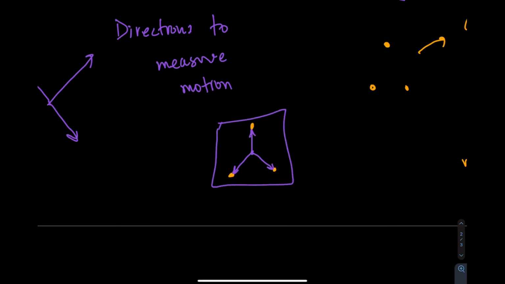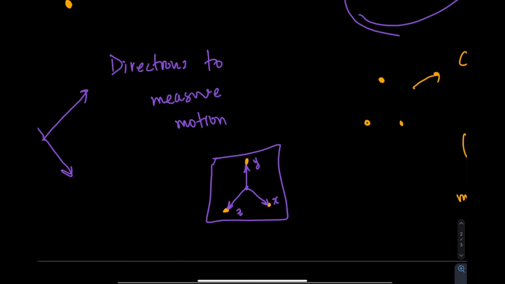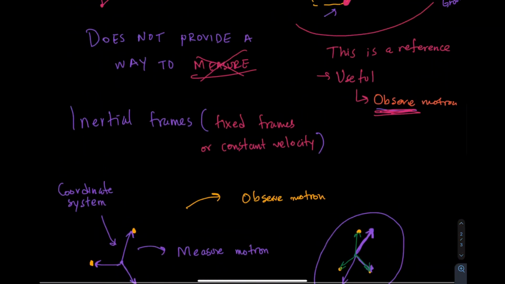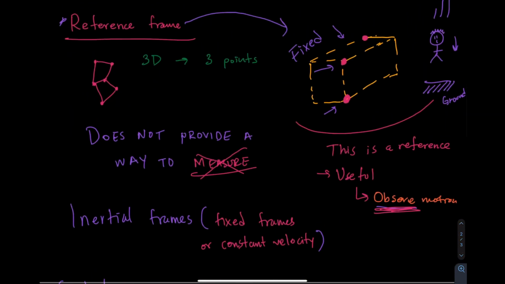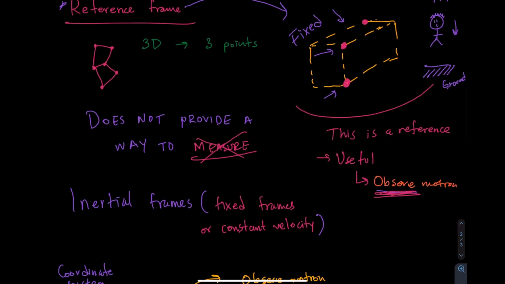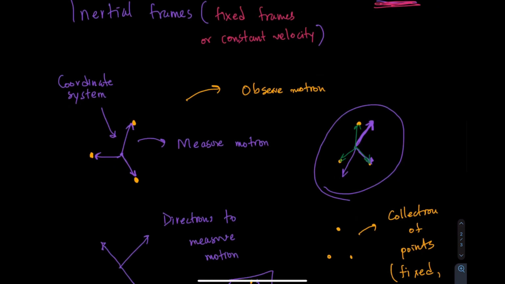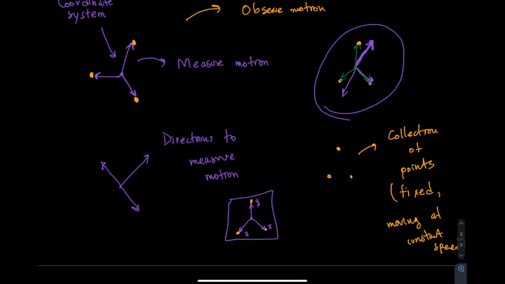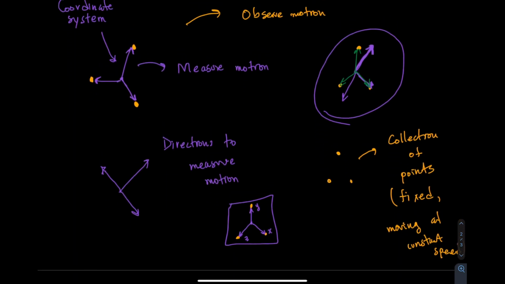And to make it more familiar, you would add X, Y, Z, or I, J, K, or anything that you might be familiar with. So this is what you will normally see in the definition of a reference frame, which is a collection of points that are fixed or moving at constant speed, and a coordinate system, which is used to measure motion.